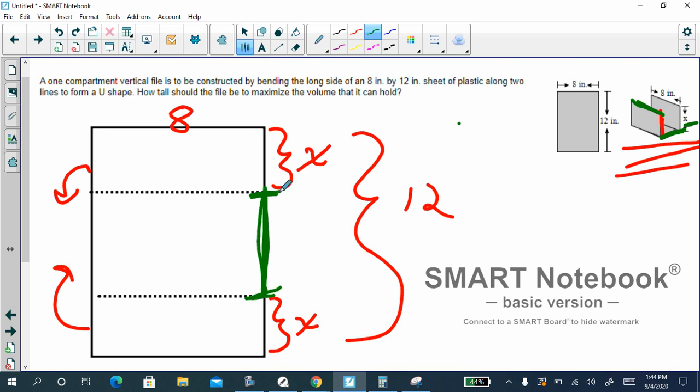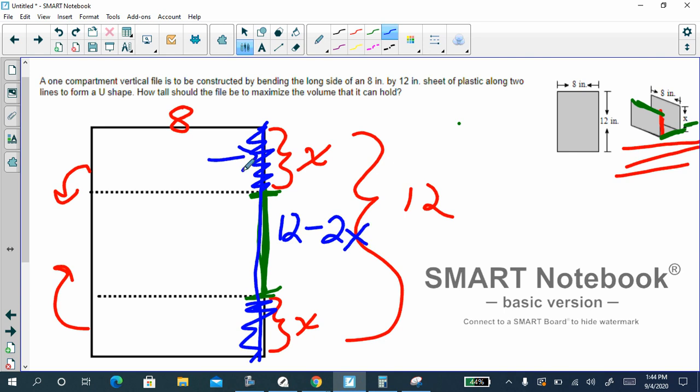So if the whole length is 12, and we don't use that, we're taking away an x and another x. So we're taking away 2 x's.